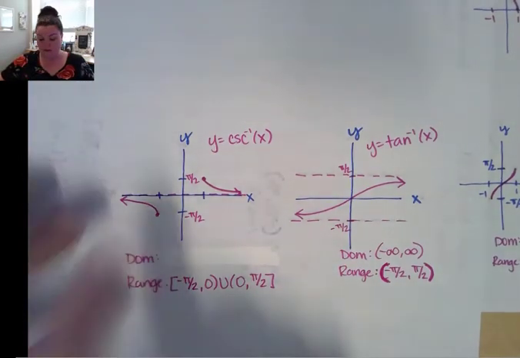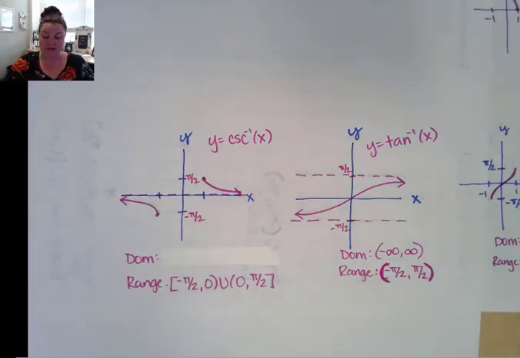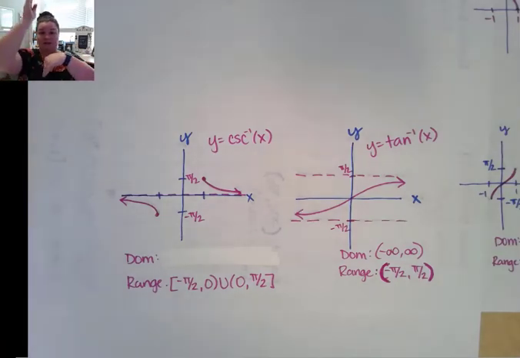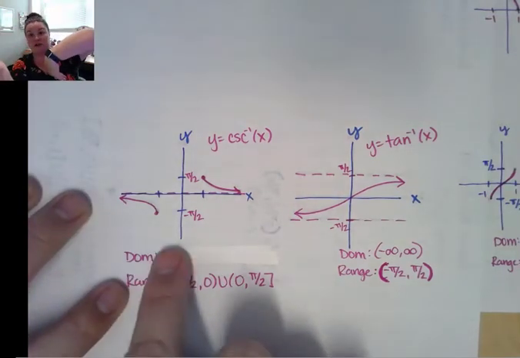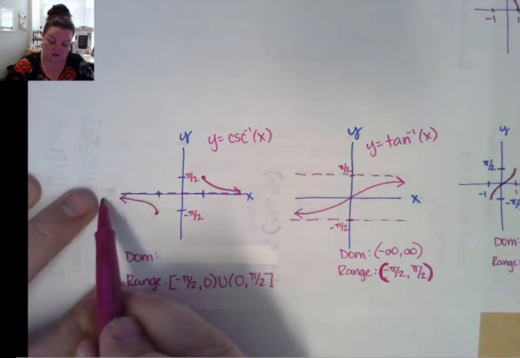Okay. So remember, when we had this flipped on the original page, we had the piece that started at 1 and went up, and we had the piece that started at -1 and went down. Those were our range values. The piece that kept going up and the piece that kept going down with nothing from -1 to 1. So now that we've flipped and inverted it, now that's going to be our domain.